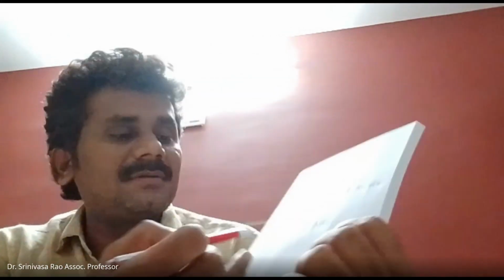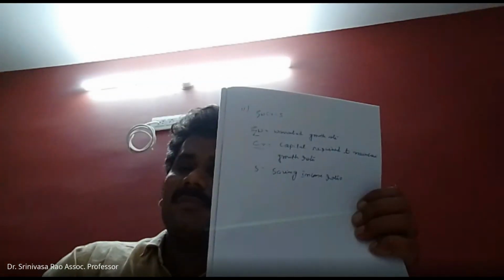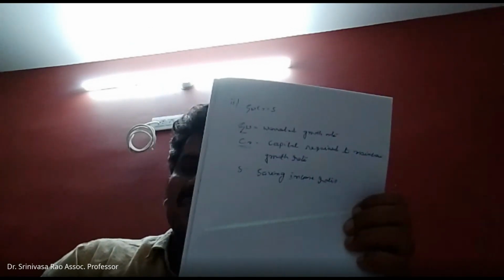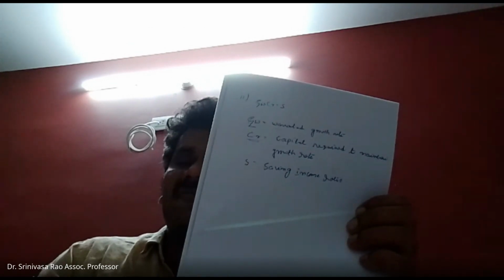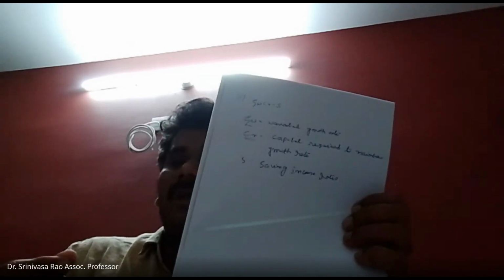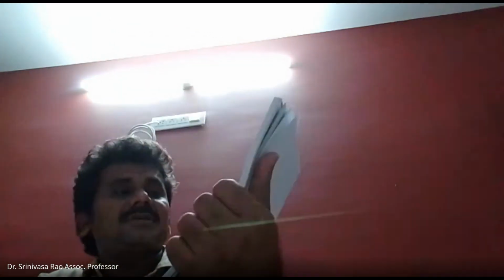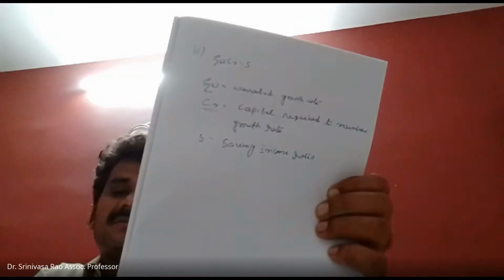S represents saving income ratio. How much amount we are saving per unit of income? For every 1 rupee, how much we are saving? That is the saving income ratio. This is the warranted growth rate equation: GW CR is equal to S.